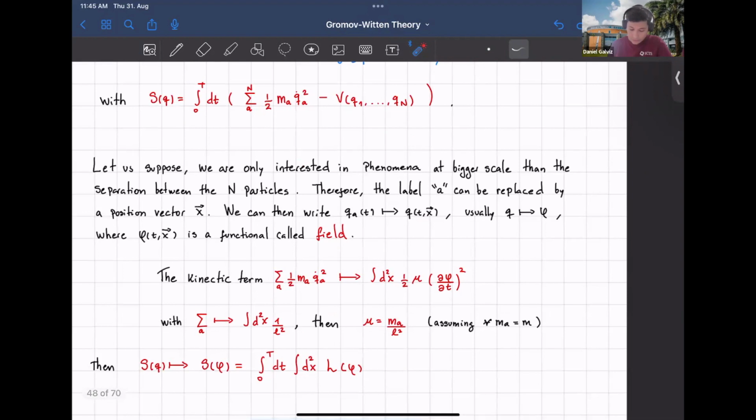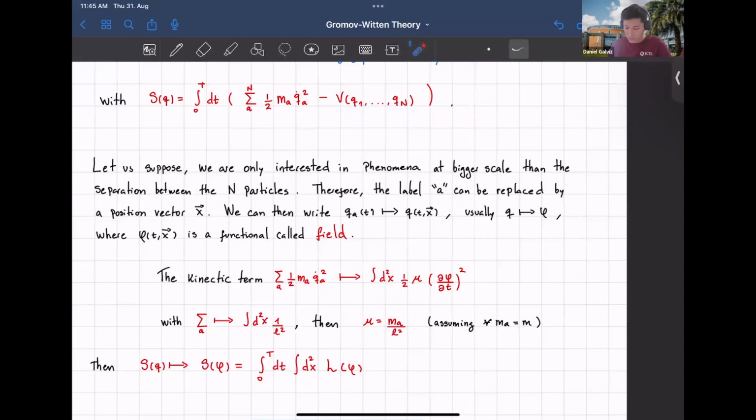So the kinetic term, we can change from this discrete limit to the continuum limit by just exchanging our notation. So then we will call the mass density mu, and mu we will call m_A over L squared.